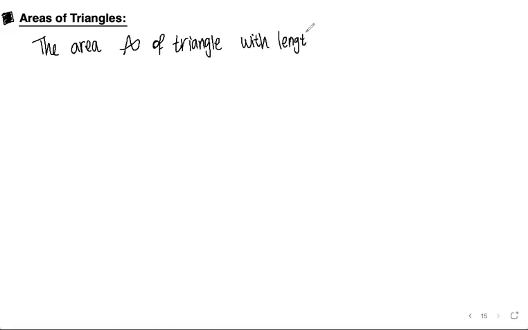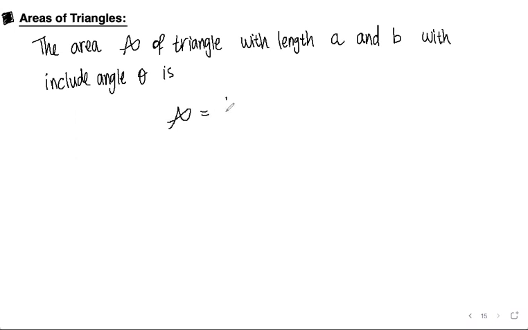The formula is direct. The area of a triangle with lengths A and B with included angle theta is given by the area A equals 1/2 times A times B times sine of theta.